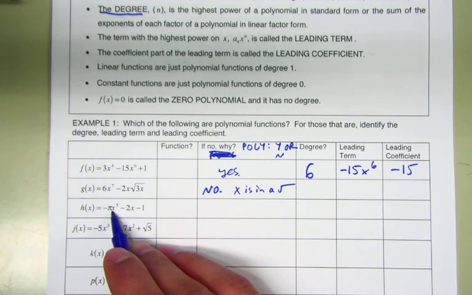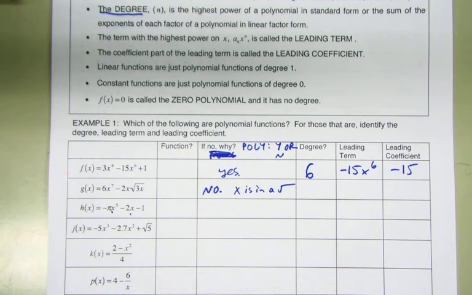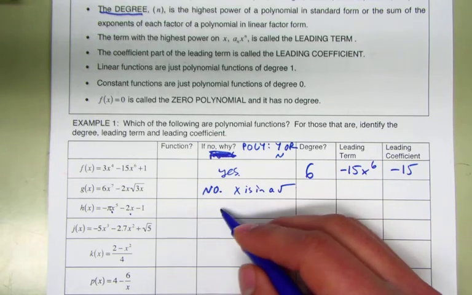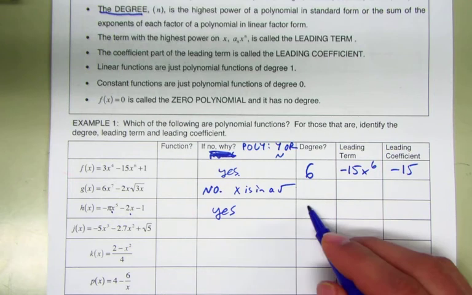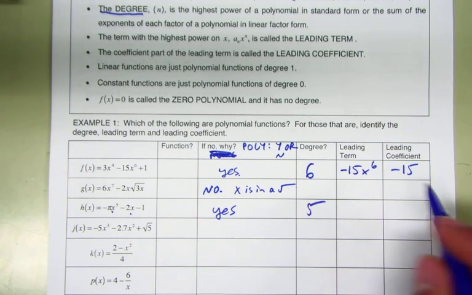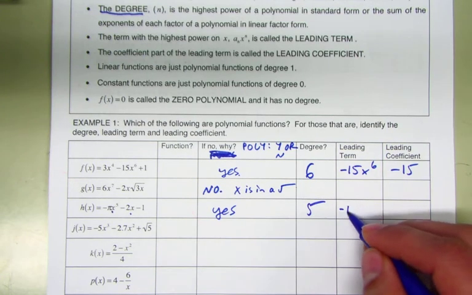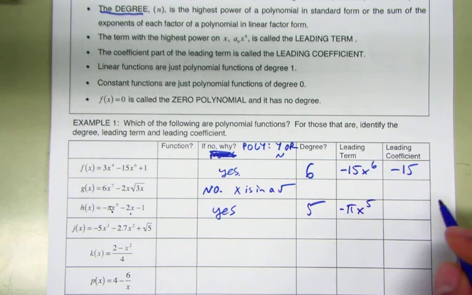All we care about is x to the 5, x to the first, and these coefficients, as long as they're real numbers, we're okay. So this is yes. What's the degree? 5. What's the leading term? Good. And the leading coefficient?